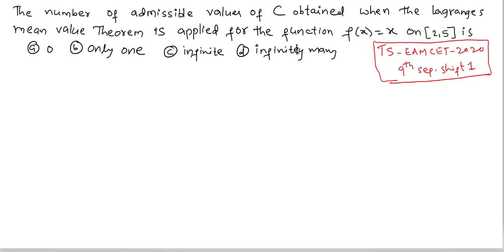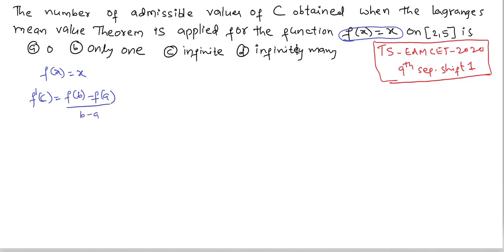The number of admissible values of c obtained when the Lagrange's mean value theorem is applied for the function f of x equal to x in the interval 2 comma 5 is. This is a TSM set 2020 9th September shift 1 question. Here the given function is f of x is equal to x. From Lagrange's mean value theorem, f dash c is equal to f of b minus f of a by b minus a.